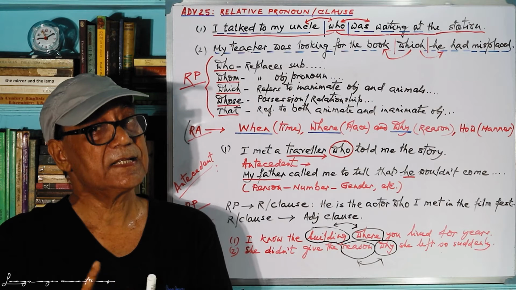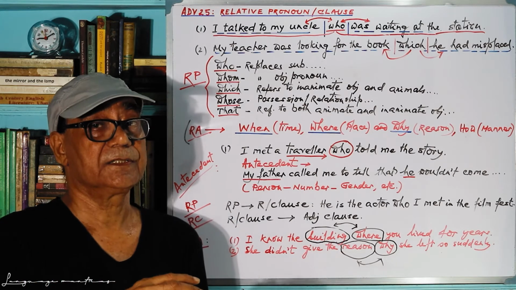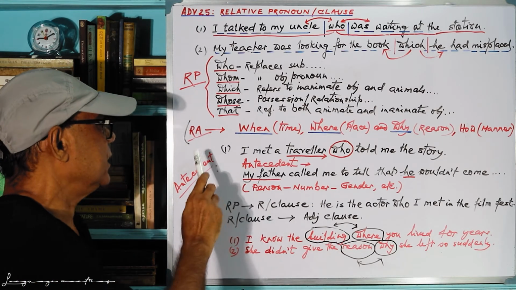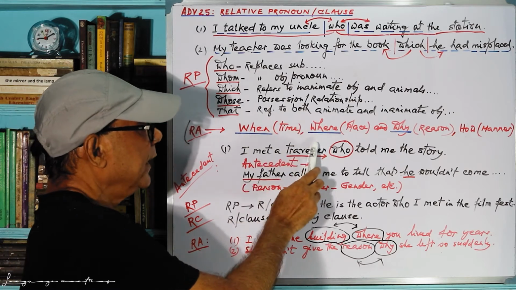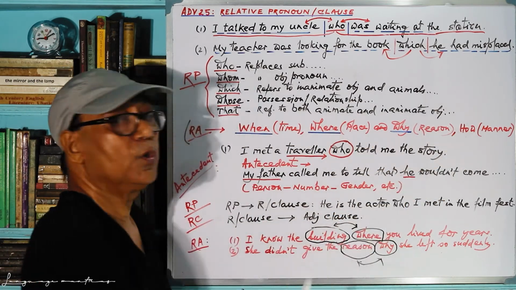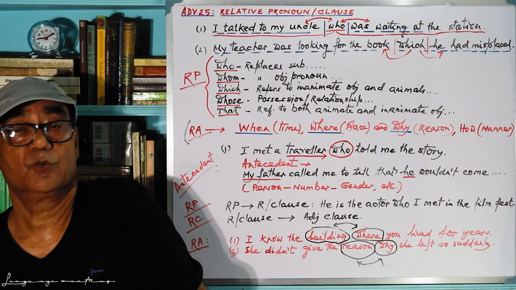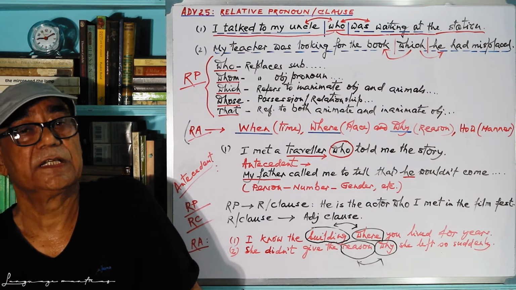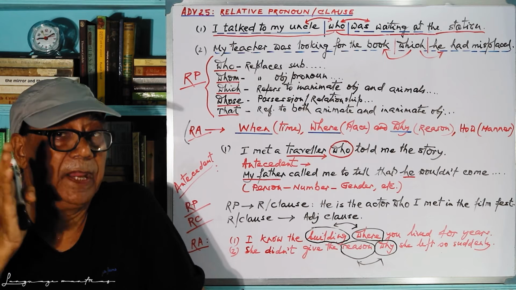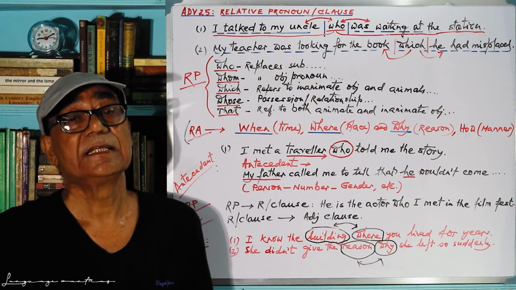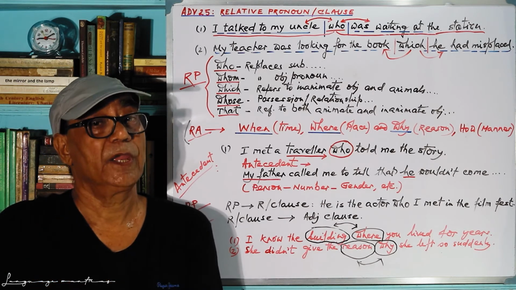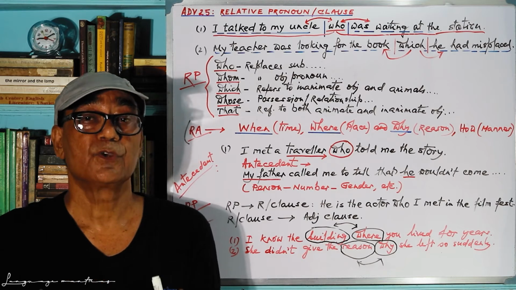We will discuss this part later in detail. Just remember when, where, why, how. These are in fact adverbial words, but they may function in the same way relative pronouns do.